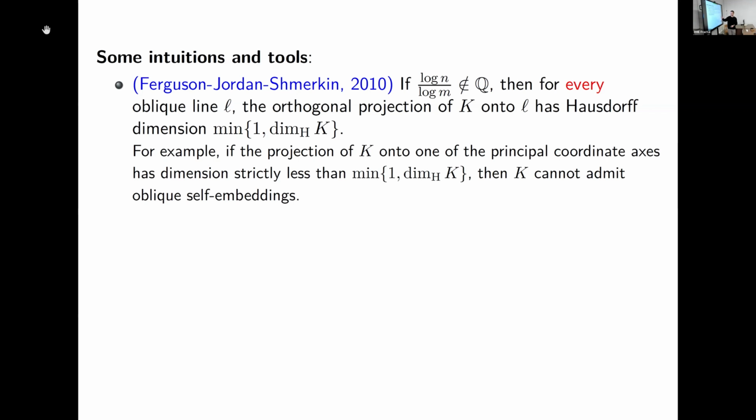So for f of K inside it, the projection of that embedded image onto the x-axis is actually the projection of the original one onto an oblique line, at least a scaled copy of that one. So there will be a gap between these two dimensions, and we will get a contradiction.